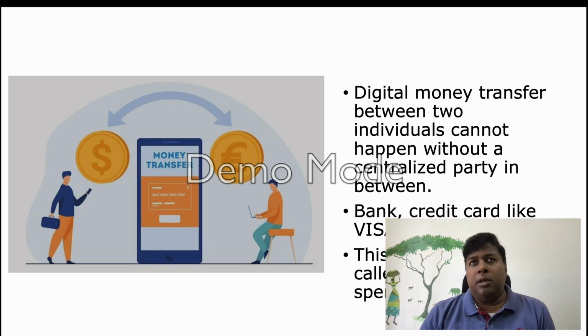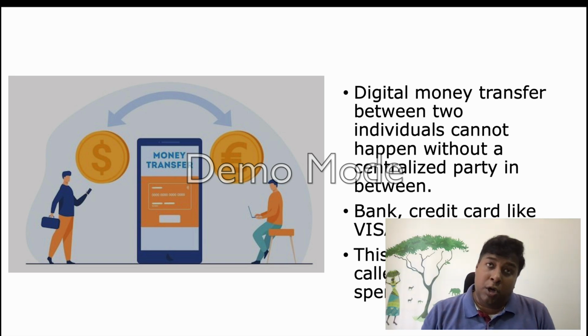Now, why does it happen like that? One important reason is, let's say you try to send a photograph to another person. The photograph is sent to the other person, it goes into their email, they open it, and they're able to open it. So you have sent the photograph.